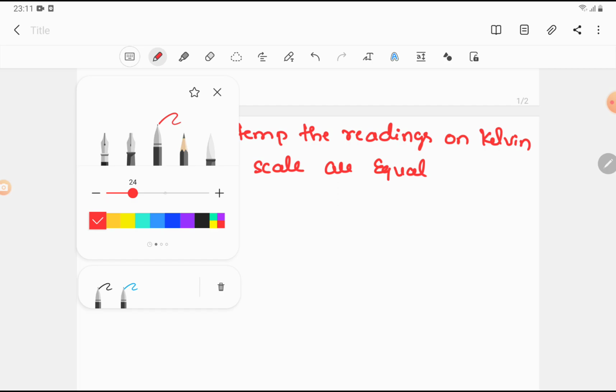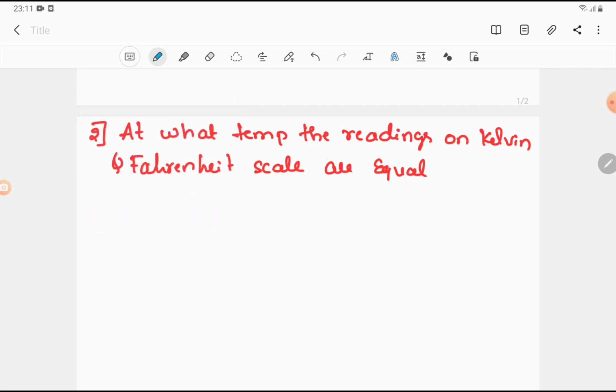So let us do it first. Okay, we know the relation, Kelvin: K minus 273 by 5. Here it is Fahrenheit, F minus 32 by 9.